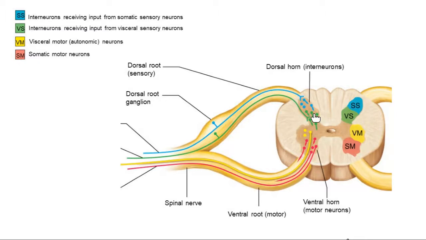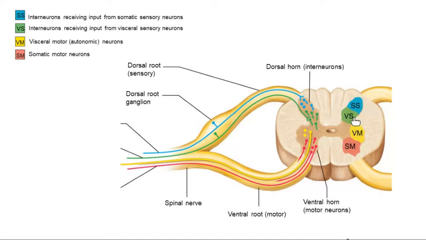Technically, the visceral information is going to go a little bit more toward the ventral side. See how over here they have it labeled visceral sensory? This is technically where sensory information from your organs goes. Sensory information from your skin goes back a little bit farther, but we're just going to consider the interneurons as a whole here in the dorsal horn.